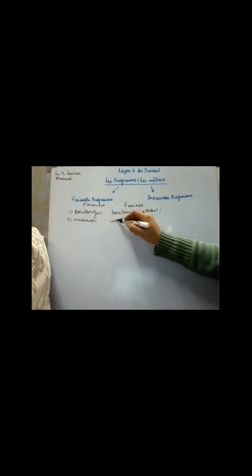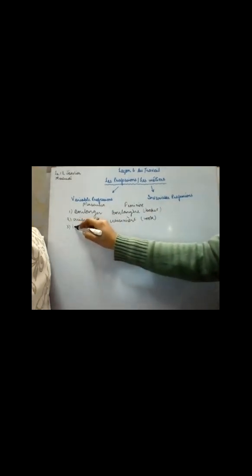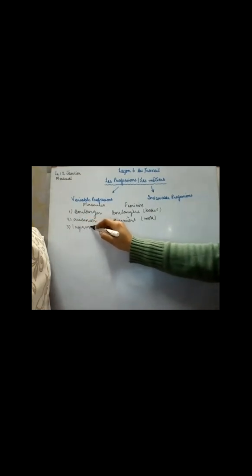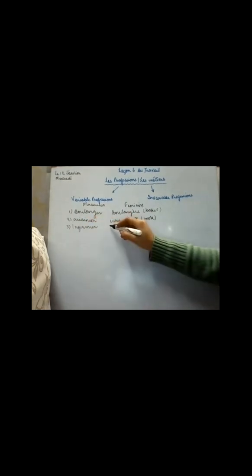Next is cuisinier. To make it feminine, I'll add E to it. Again, I will put an accent here. Cuisinier means cook. Third one is infirmier, infirmière.